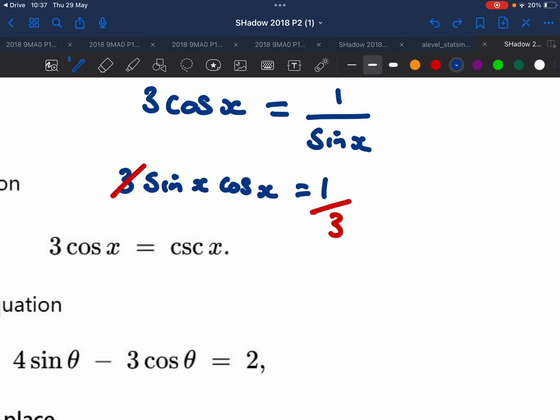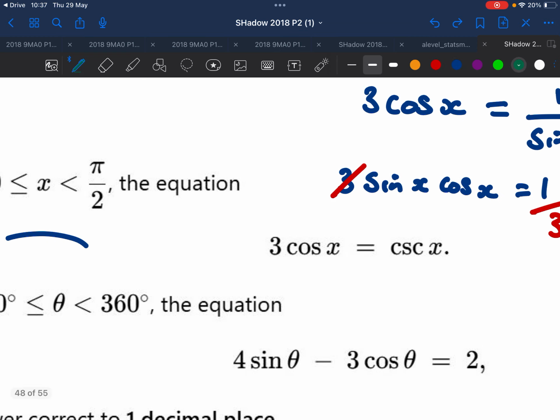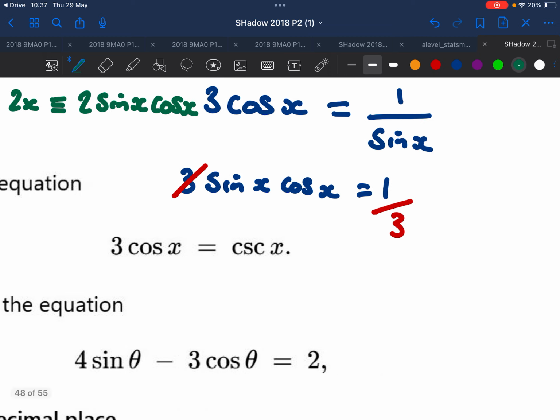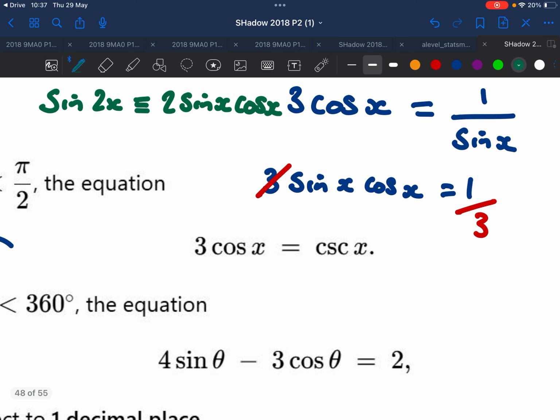So we want to be thinking about our trig rules. There is a trig rule that may be useful for us, which is as follows. Sine 2x is the same as 2 sine x cos x. Now, this bit is quite similar, isn't it?